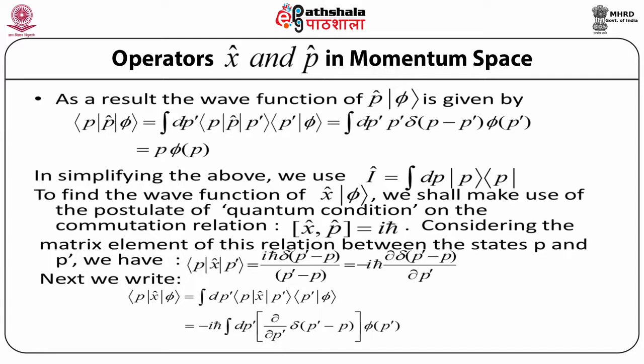This is equal to minus i h cross integration over dp prime, within brackets, del by del p prime delta(p minus p prime) phi(p prime), where we have used the commutation relation between the operators x and p in the above equation to get this result.